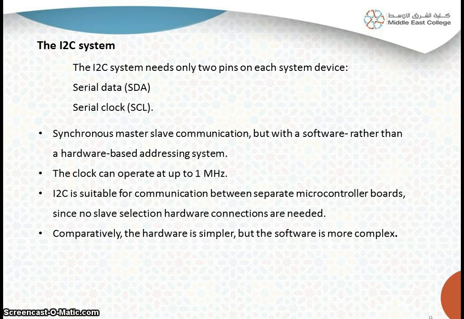Both of them are connected by a serial data line, which is called SDA. Since it is synchronous, one more signal is used between the master and slaves, that is the serial clock.